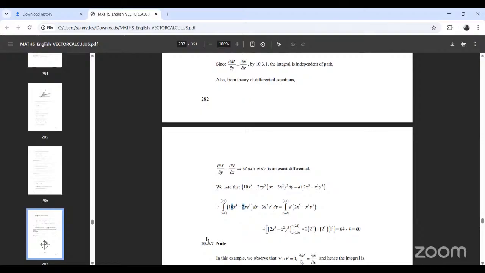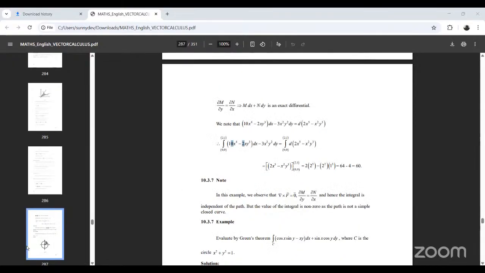So integration and derivation cancel, and we get 2x to the power of 5 minus x square y cube from (0, 0) to (2, 1).